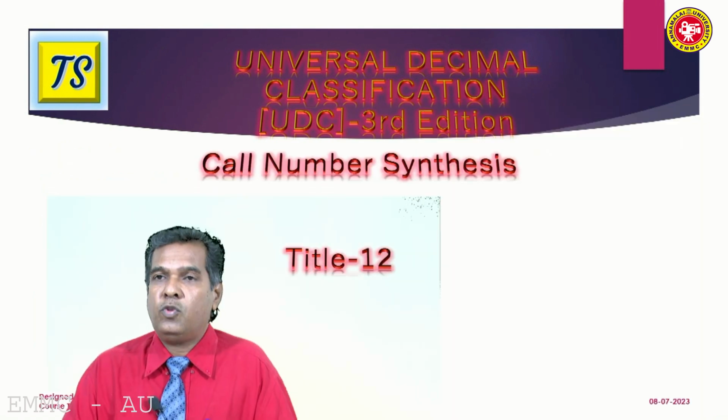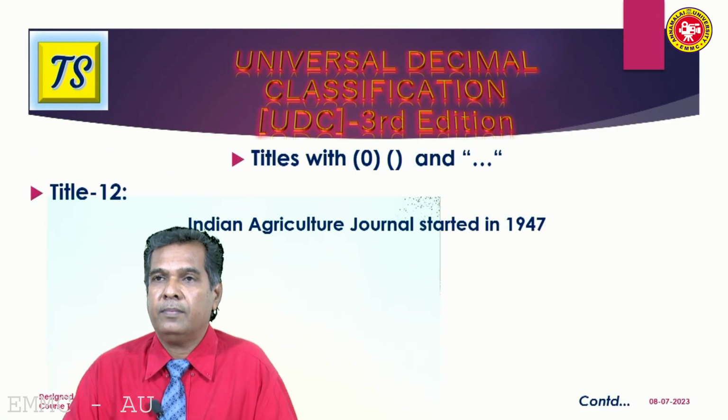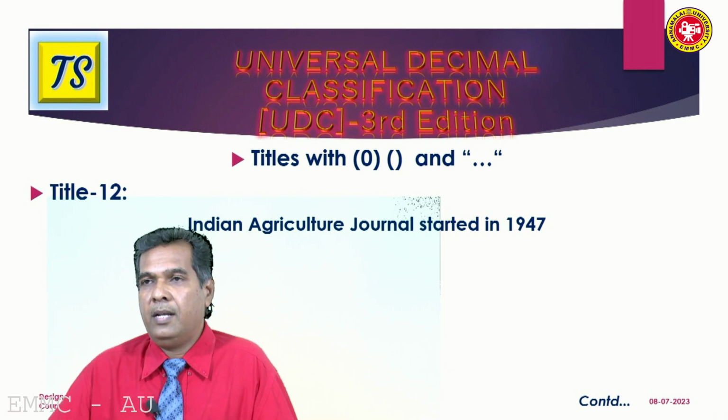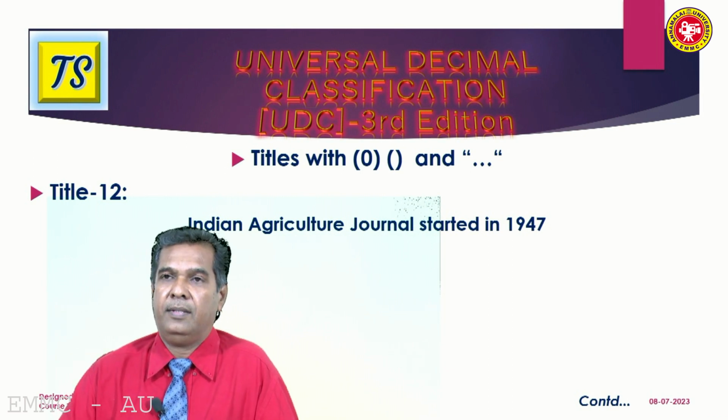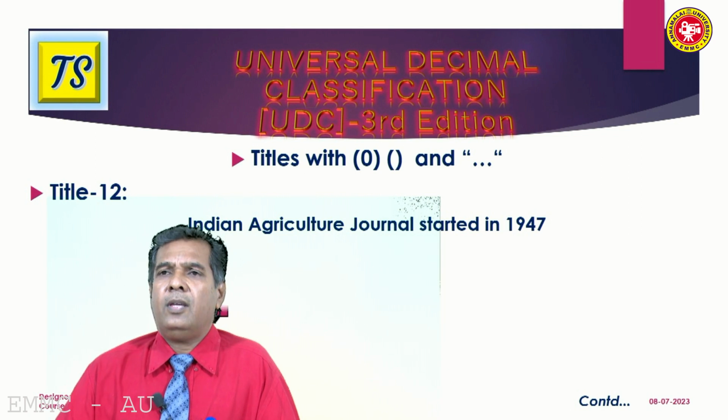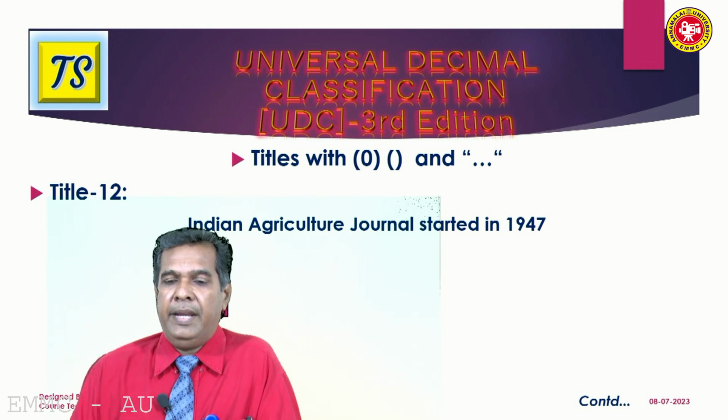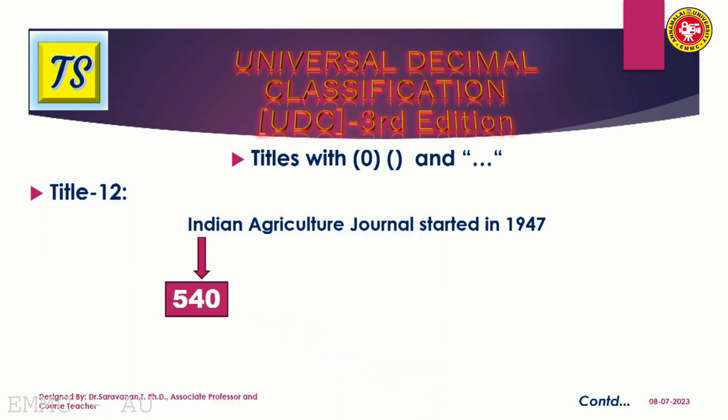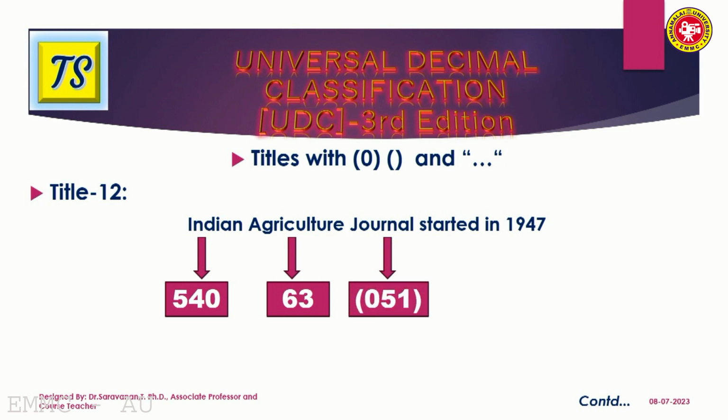The title 12 and the final one: Indian Agriculture Journal, started in 1947. So the number for India is 540. Agriculture number is 63. Journal is a form coming under the form types, yes, 051.